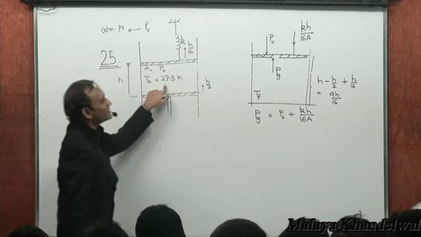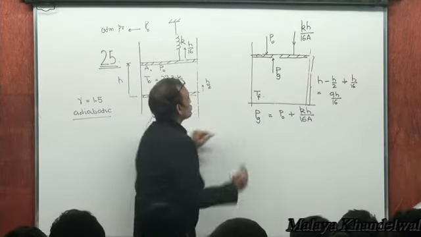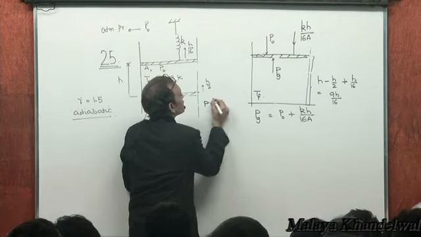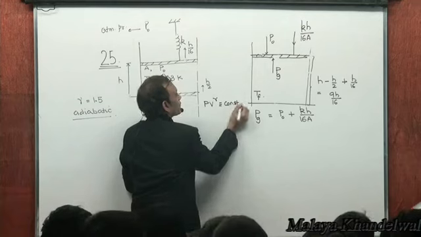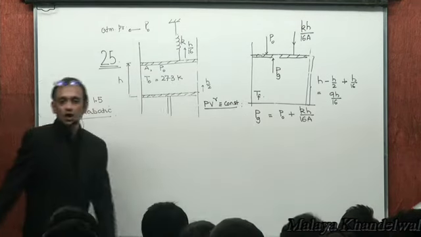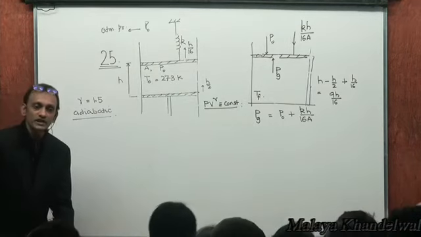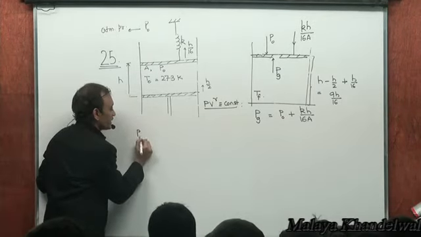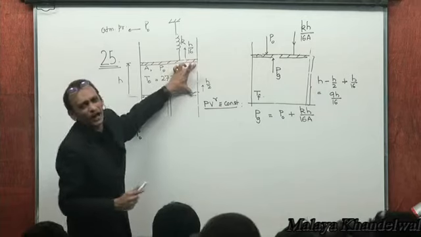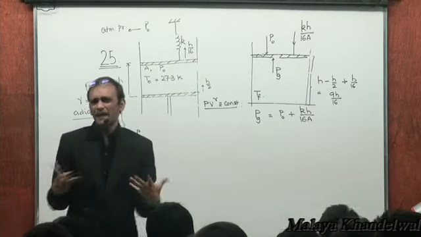Now, between this state and this state, I'm going to deploy PV to power gamma equal to constant, since it is an adiabatic process. Initial pressure inside is P naught, atmospheric. Now the volumes are proportional to the heights, so volumes can be replaced by the heights.